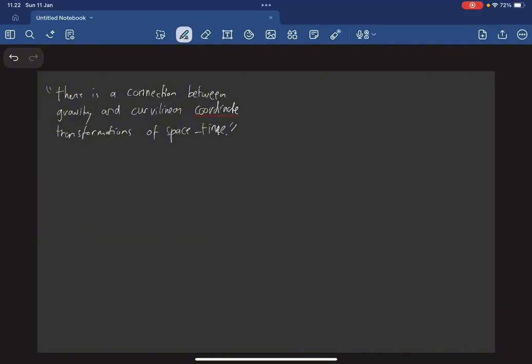Special relativity was only about linear transformations, transformations that take uniform velocity to uniform velocity. Lorentz transformations are of that nature. They take straight lines in space-time to straight lines in space-time.